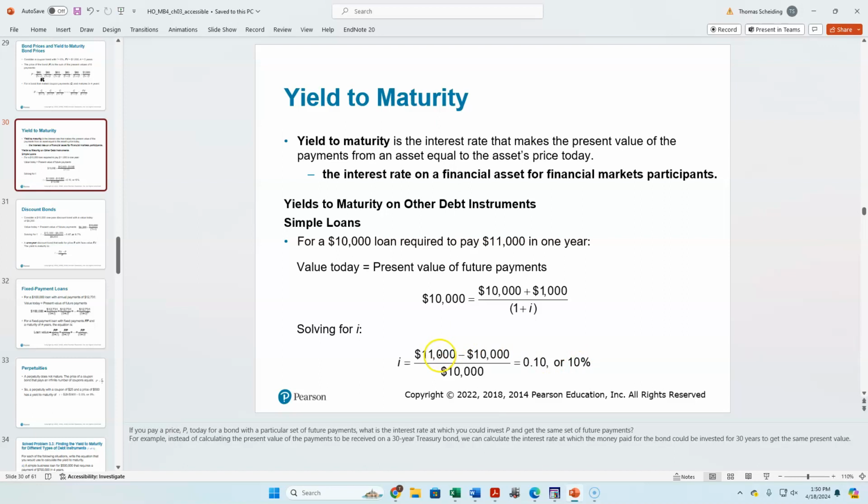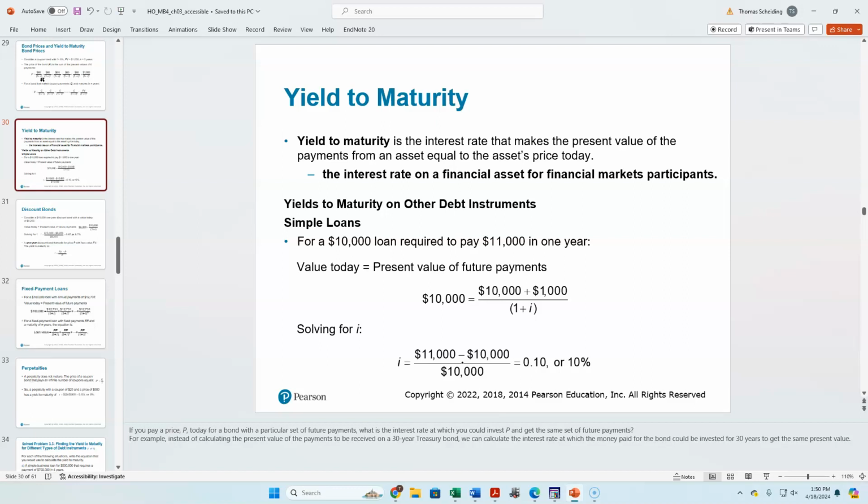I'm subtracting the future value minus the present value over the present value, or new minus old over old, which is our general equation for calculating percentage changes.